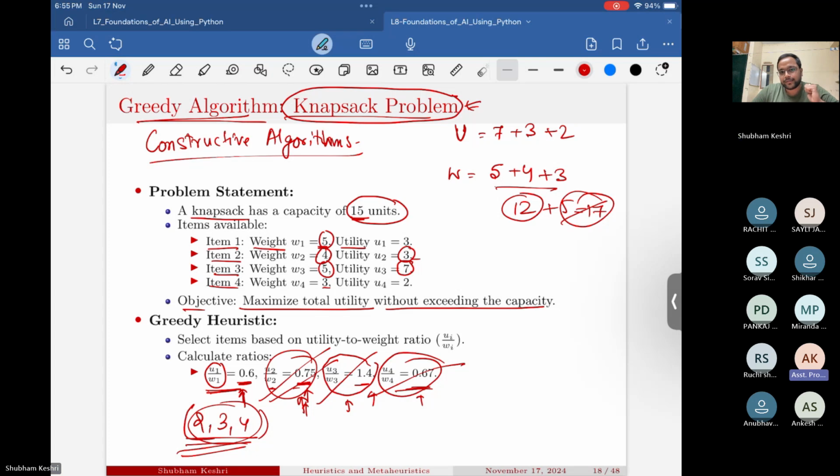So heuristic means we may get some solution, but it does not have any proof. The solution which it gives doesn't guarantee that it will be an optimal solution. So you can say it cannot be proved that it is an optimal solution. You will not be able to say that this is the optimal solution. That is what heuristic means.